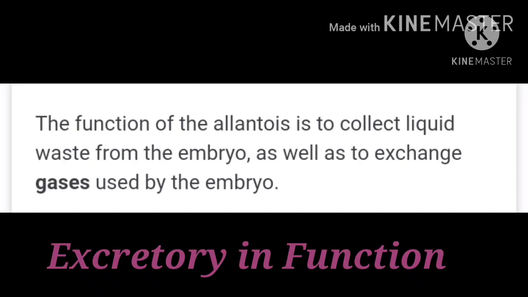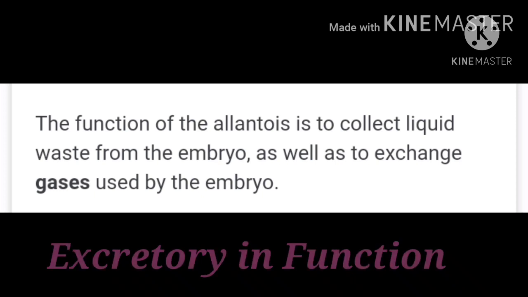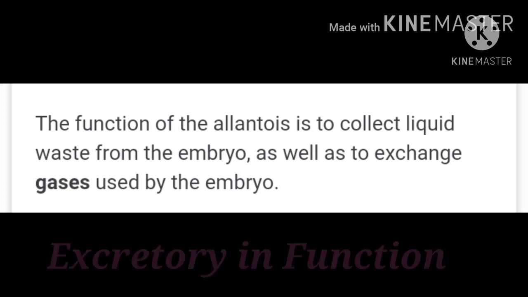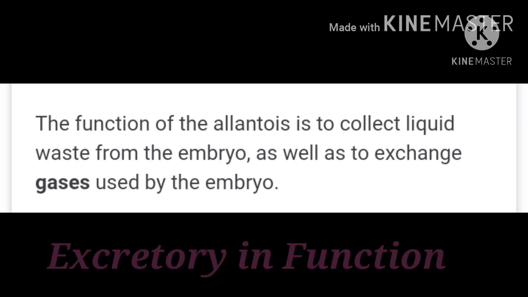Okay. The main function of allantois is to collect liquid waste from the embryo as well as to exchange gas used by the embryo. Okay, hence allantois is excretory in function. Okay, let us conclude all the options once again. Proamnion is the region from which the amnion is developed.